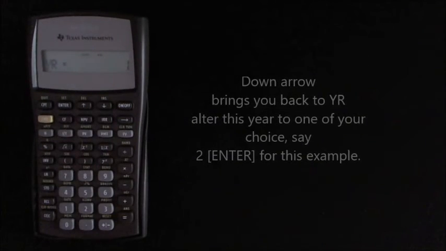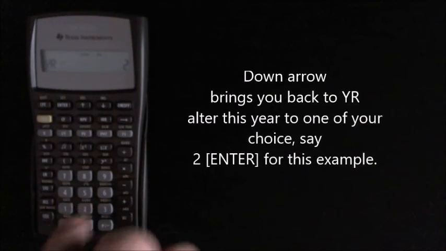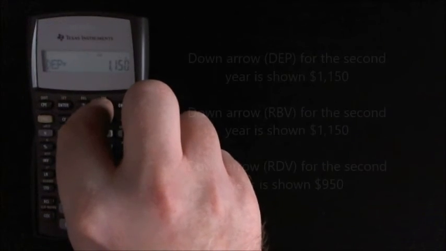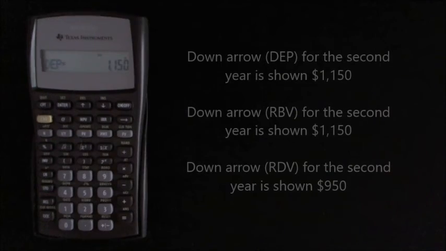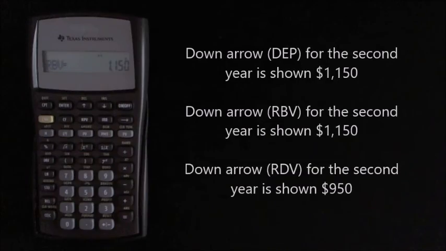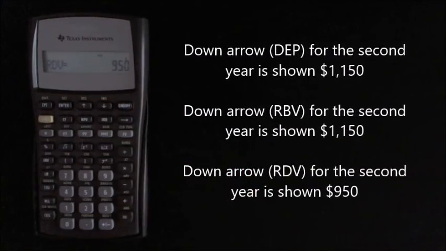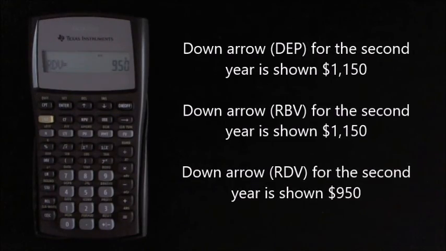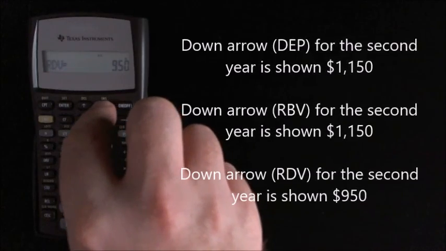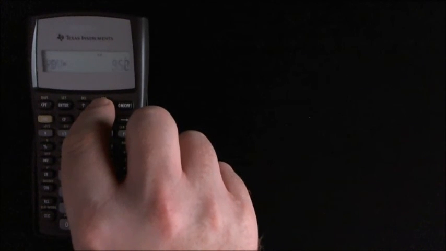And if we press the arrow down again, it takes you to the number of years. So if we change that to the number 2 for this example and press the down arrow, it gives us the depreciation in year 2 and the remaining book value in year 2 and the remaining depreciation in year 2 of $950.